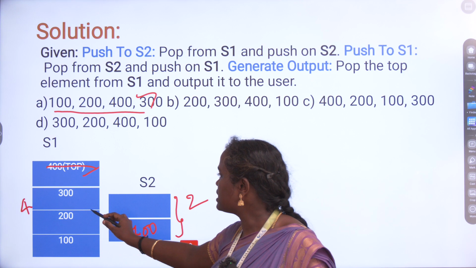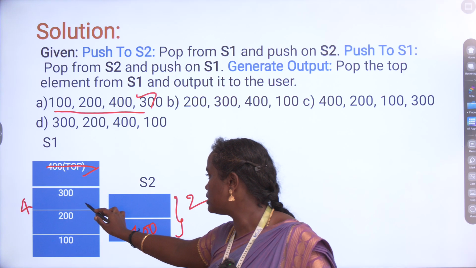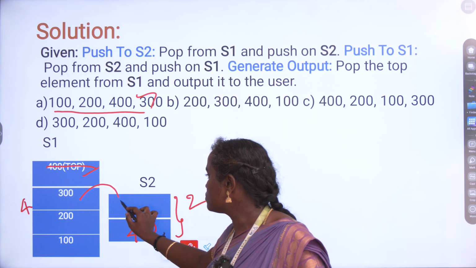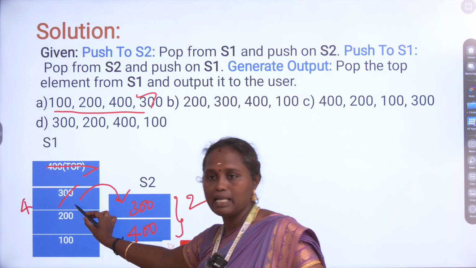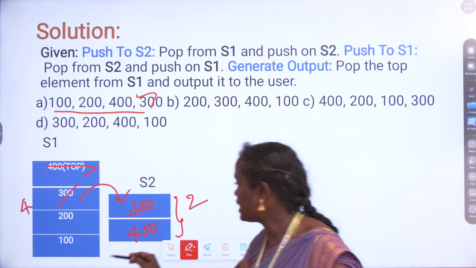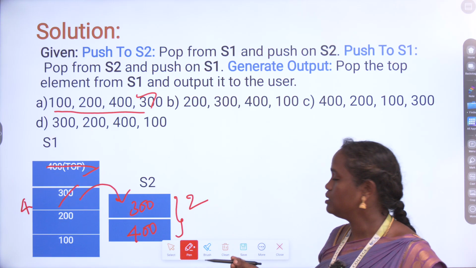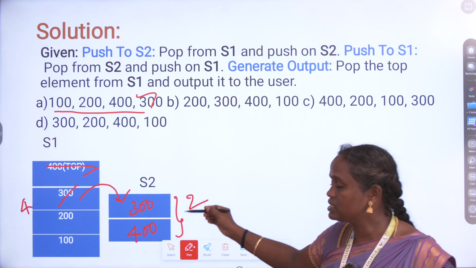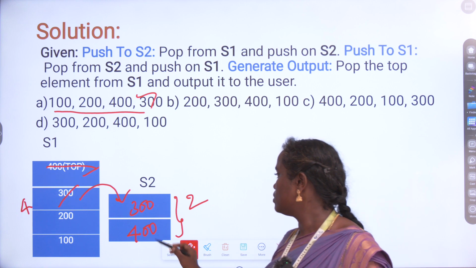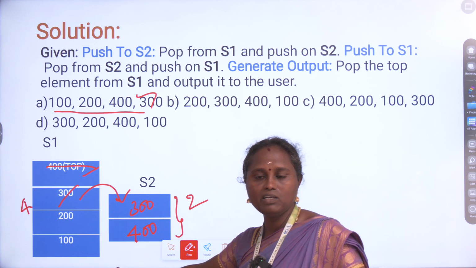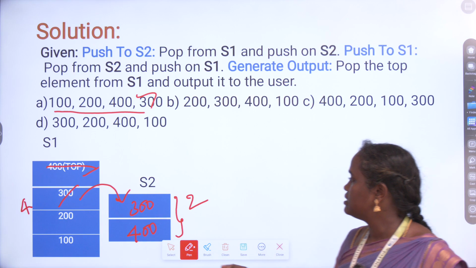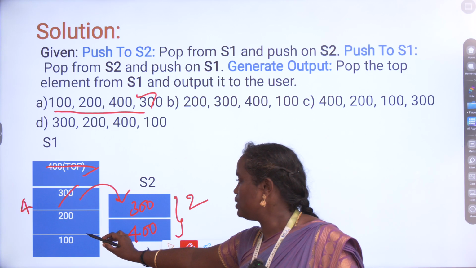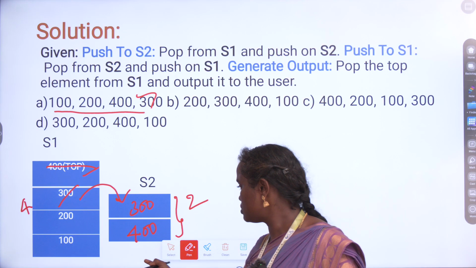Now I am checking another option, whether it is possible. I can pop the element from stack S1 and push it onto stack S2, right? Now what is the top element on stack S1? 200. Is there any possibility to move this 200 onto stack S2?